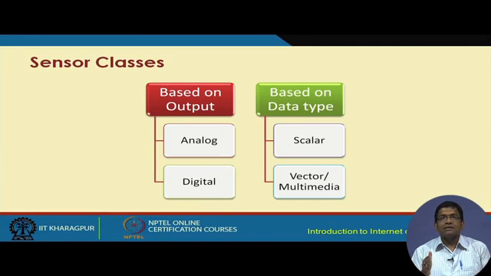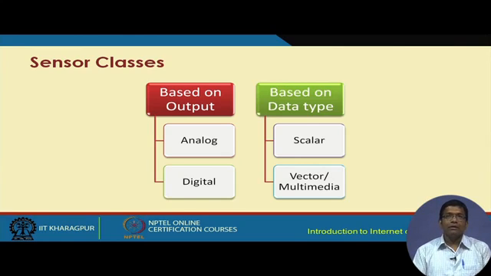So, a scalar sensor example would be the temperature sensor, because irrespective of which orientation you put it in or which direction you take it, it is going to give you only the magnitude value, the changes in the magnitude of the temperature.